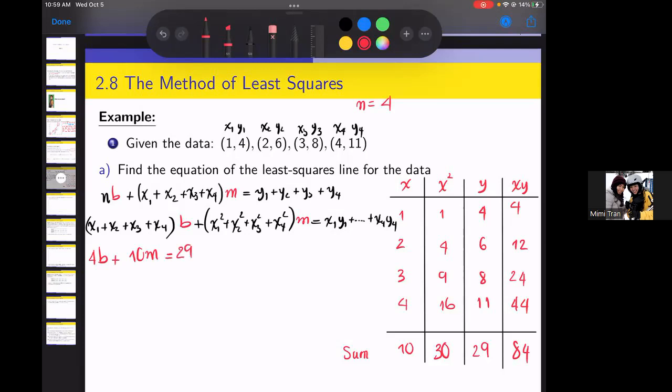Right. One equation. Second one. Sum of x again is 10. So 10b. And then sum of x squared, the second column, is 30, so 30m equals the sum of the products, 84. It makes sense, right? You need to solve two variables. You need two equations. Right? Three variables, you need three equations, etc.